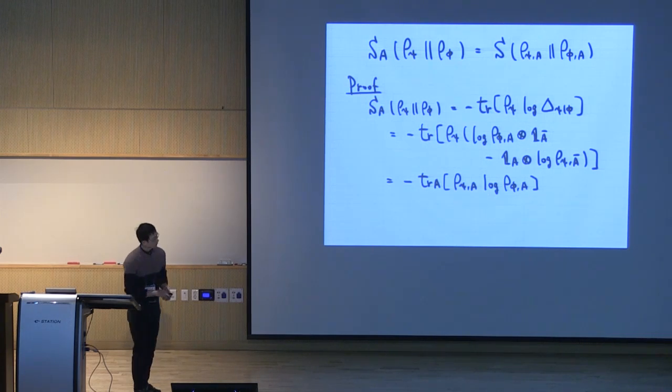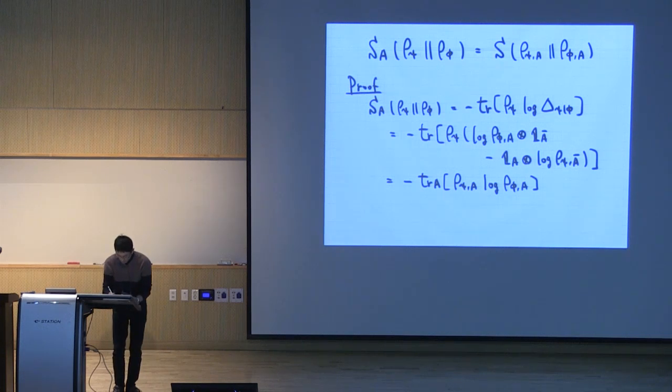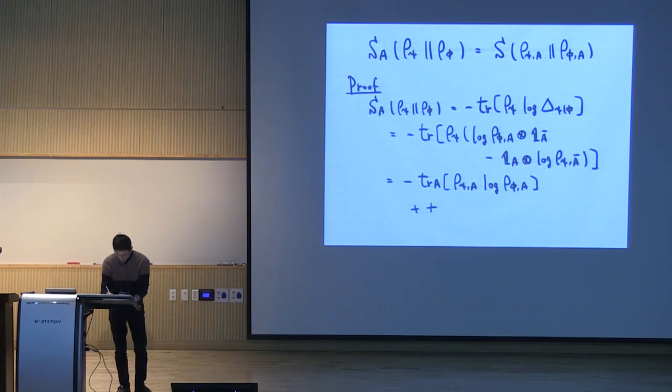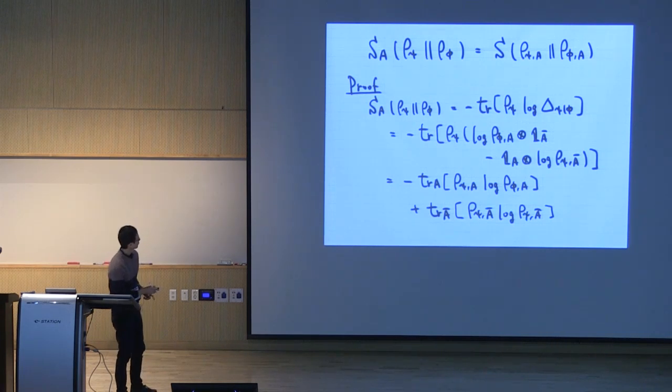This is the first term. For the second, you do the same thing, but now you take a partial trace over A, not A bar. So you end up with the trace over A bar of rho psi A bar log rho psi A bar. Okay, so far so good.